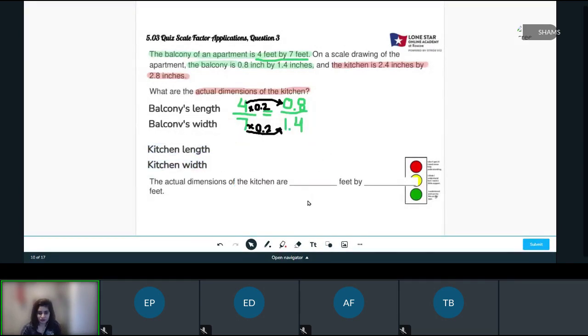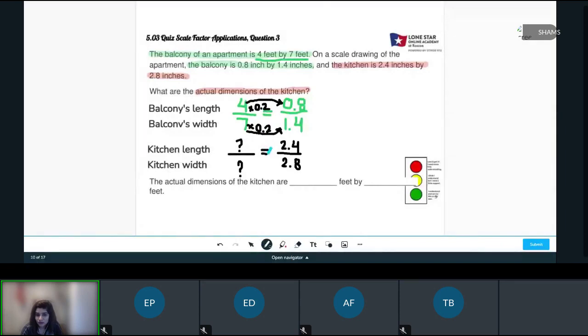They tell you that the model, the scale drawing for the kitchen, is 2.4 by 2.8. And remember, the big size, the actual size of the kitchen, is missing.